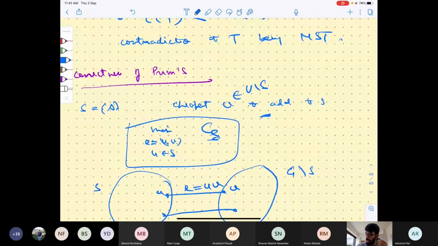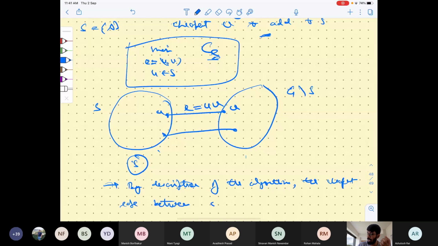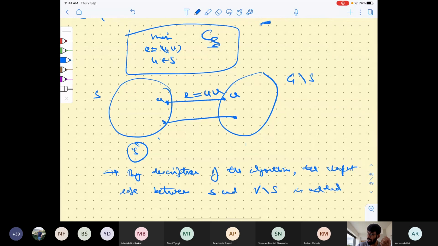So since we are anyway adding, by definition or by the description of the algorithm, the cheapest edge between S and V minus S is added at every stage.